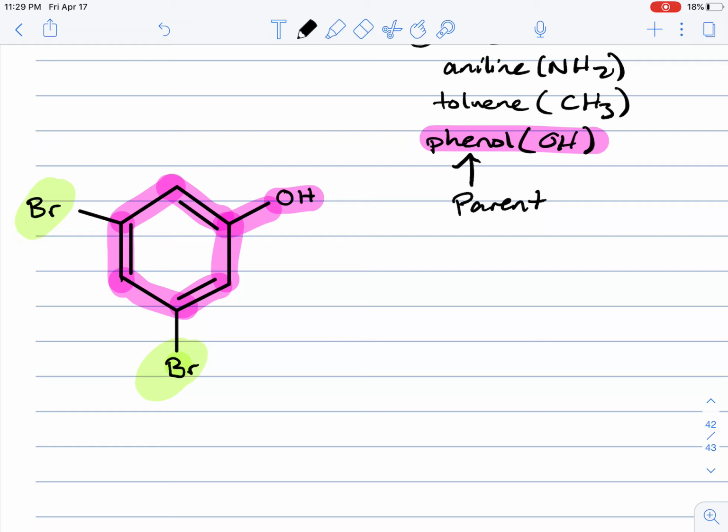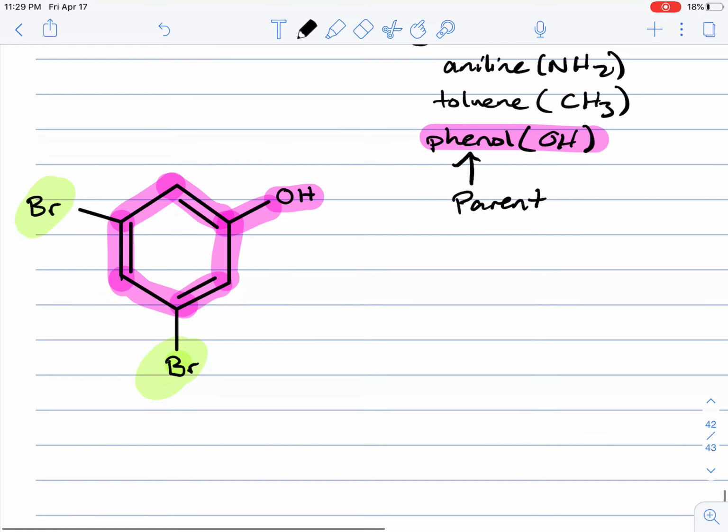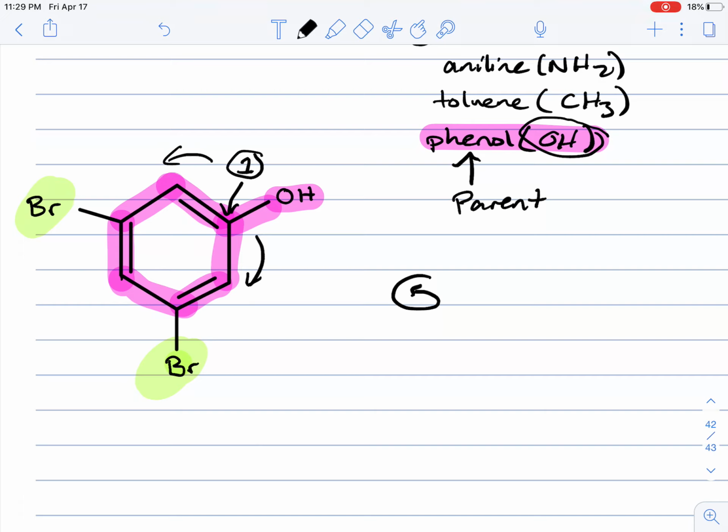All right, so next I have to figure out my numbering system. Because I have the OH in the phenol, wherever that OH is, that's automatically carbon number 1. And so now I just need to figure out if I'm going to go counterclockwise or clockwise. If I go counterclockwise, then this is going to be number 2, 3, 4, 5, 6.